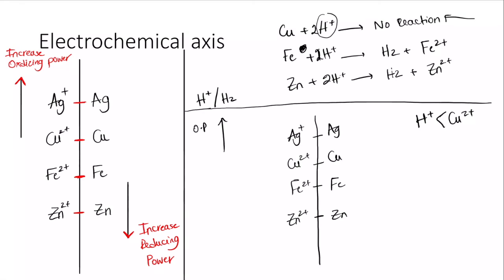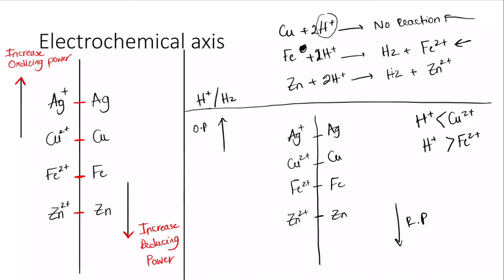Now H+ has a stronger oxidizing power than Fe2+, because we have a reaction here, and as we recall from the electrochemical axis, the reaction is spontaneous when the stronger oxidizing power reacts with the stronger reducing power. So here, because of the reaction, H+ has a stronger oxidizing power than Fe2+.